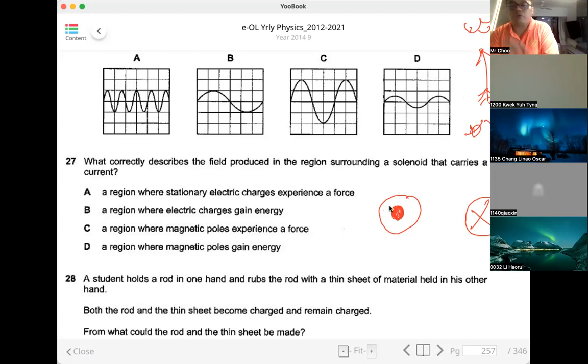So when you draw a diagram where a current goes into the page, you draw a cross. It's like you look at the back side of the arrow going into the page. Whereas when you see a dot, it's like an arrow coming out of the page. So this is the picture where the current is coming out of the page. So the current is coming out, the current is going in.